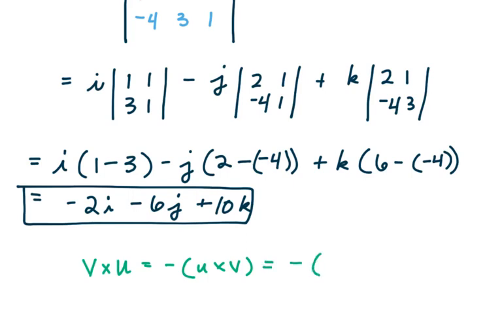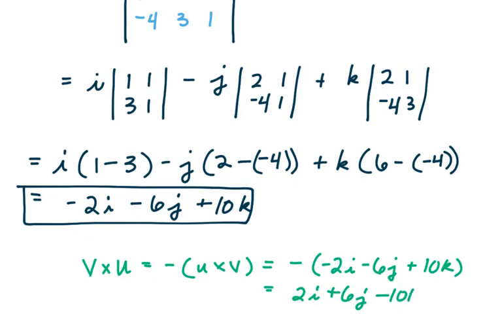That's negative of negative 2I minus 6J plus 10K, or 2I plus 6J minus 10K. So U cross V and V cross U are different vectors. Of course, this was property 3 from our table of properties in the video which preceded this.